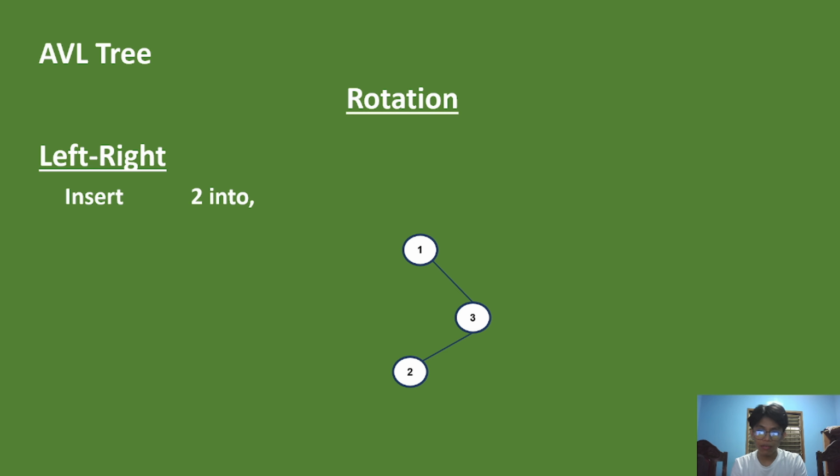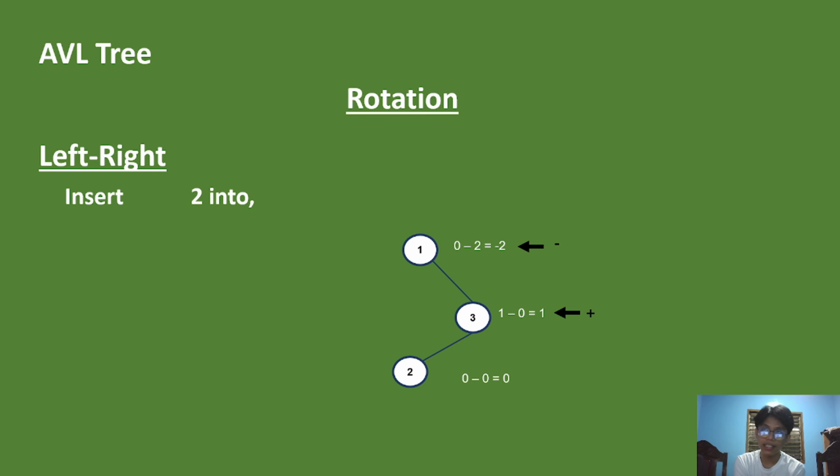And if we check its balance factor, 2 has a 0, 3 has a positive 1, while node 1 has a negative 2. As we can see, node 3 has a positive balance factor, while node 1 has a negative one.